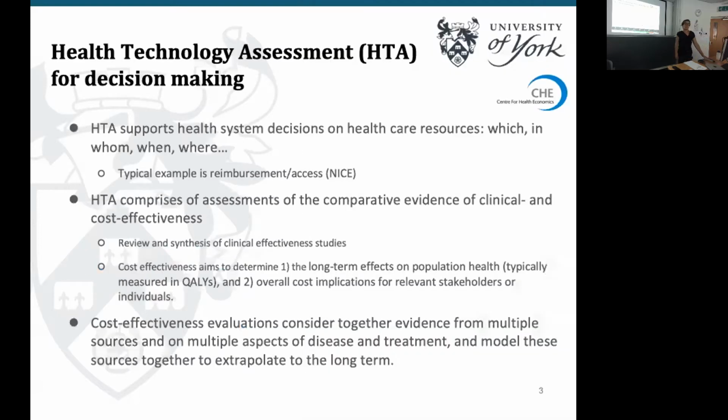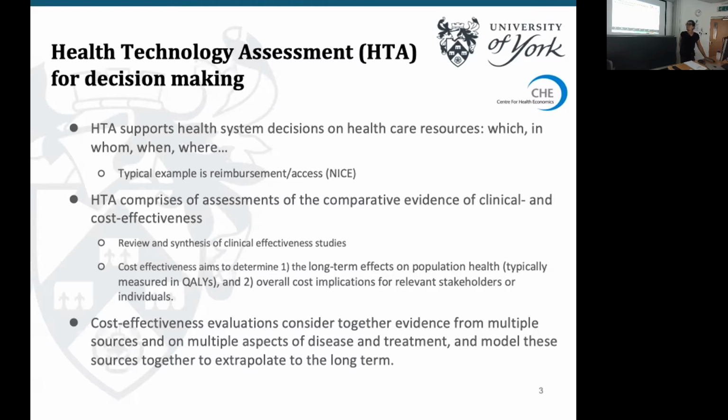So my background is health economics, as I've mentioned. And health economics is part of a wider group of assessments called health technology assessment. And it's done to support decision-making at several levels, but typically at health system level.